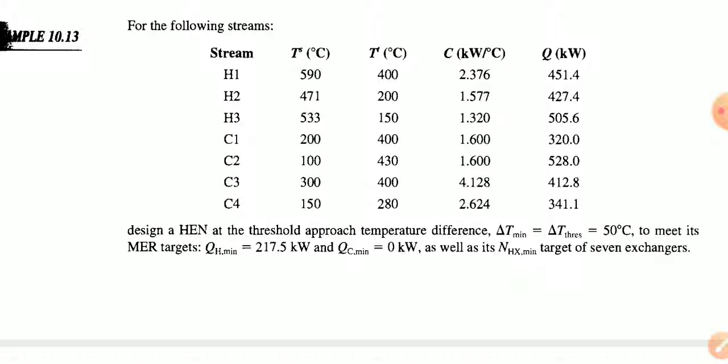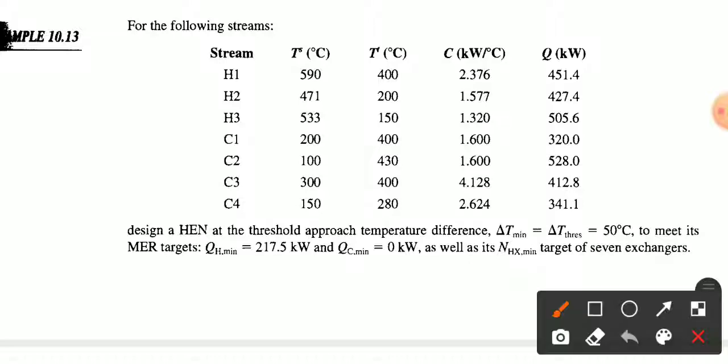The target for QH minimum is equal to 217.5, and QC minimum is equal to 0 kilowatts, as well as its NHX target of 7 heat exchangers for these values.